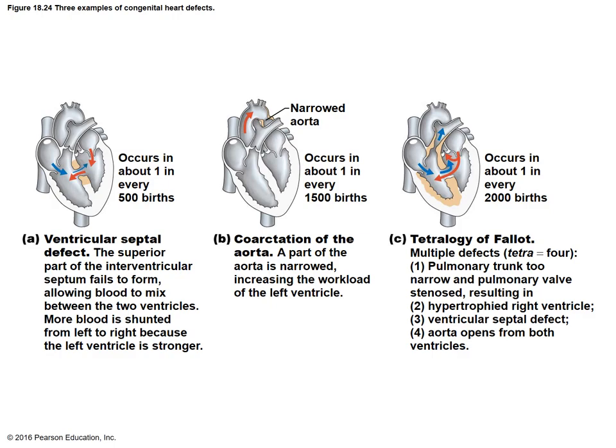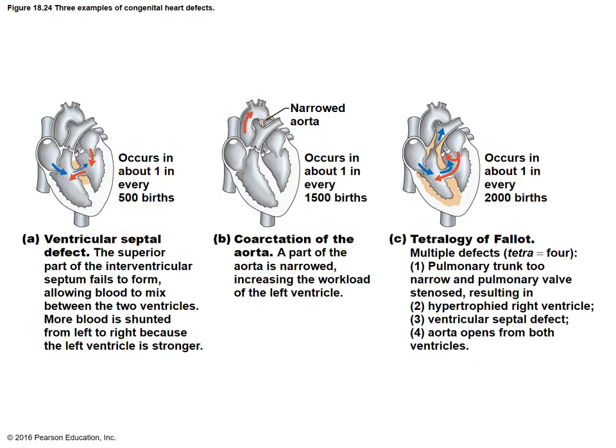This is showing some of the examples of most common congenital heart defects. In A, you have a septal defect in the ventricles, and so basically it's a hole in the wall, the interventricular septum between the right and left ventricles, and so some of the blood is mixing there.